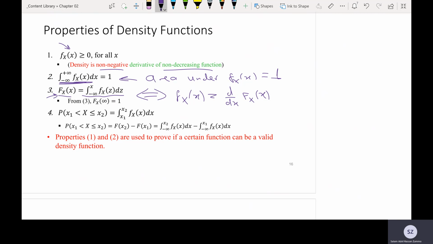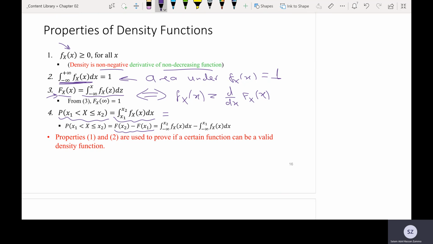And because it's the integral, if I want to find the probability that X is between two values, then I simply integrate the PDF between these two values. How do we find this probability using the CDF? This is equal to F_X at x2 minus F_X at x1. What is F_X of x2?